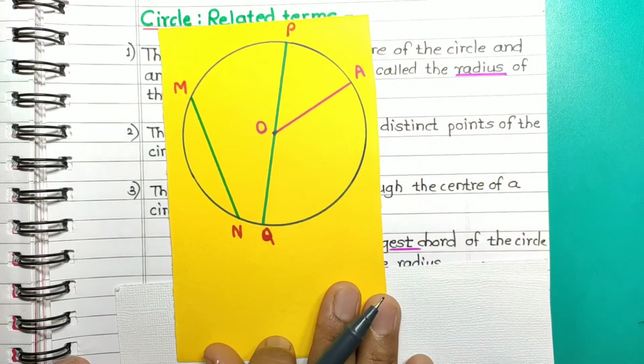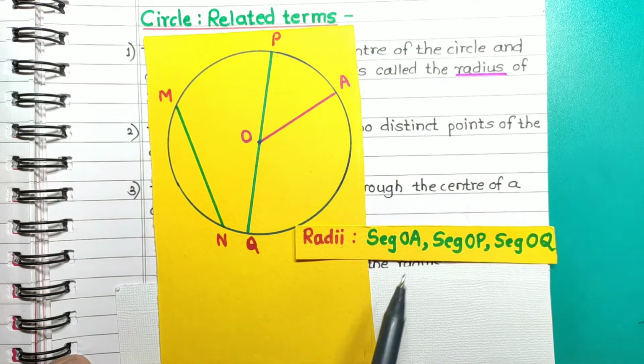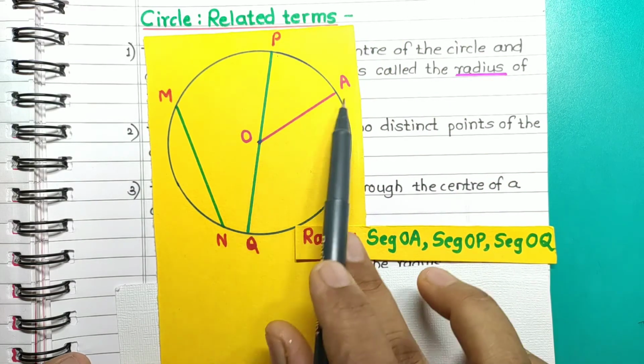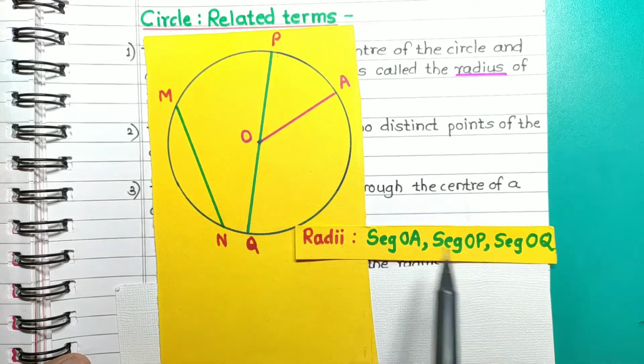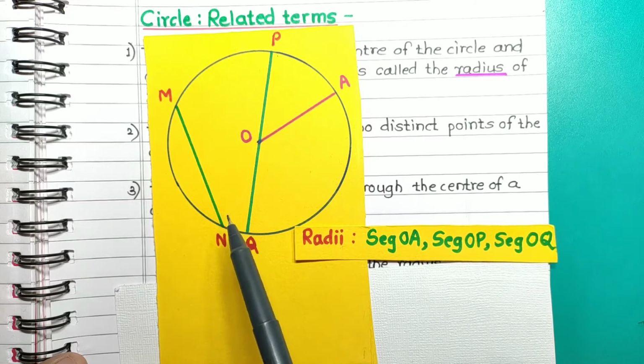So in this figure we find that there are three radii: segment OA, segment OP, and segment OQ are radii in this figure.